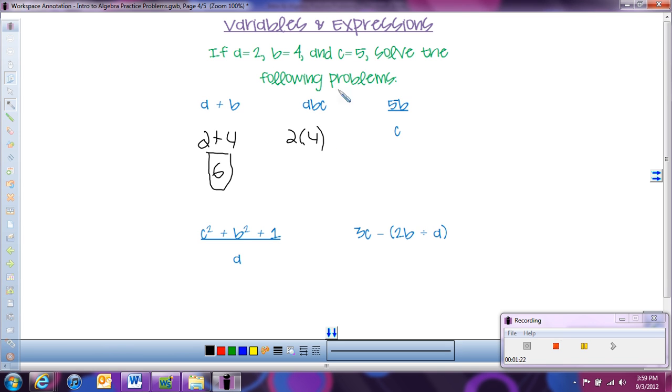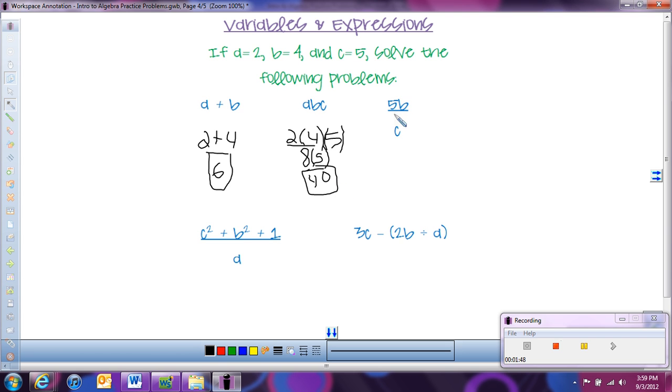And C is 5. So this problem is really 2 times 4 times 5. Using order of operations, I know that I'm going to do my multiplying from left to right. So I have 2 times 4 is 8, and I still have times 5 left. So now I have 8 times 5, which is 40. So my answer is 40.